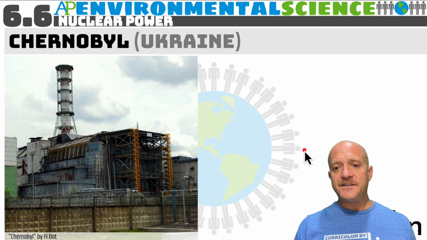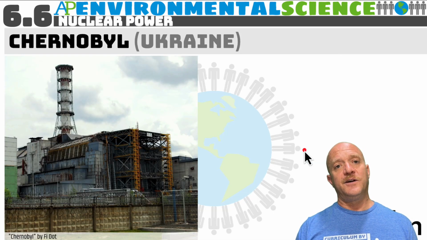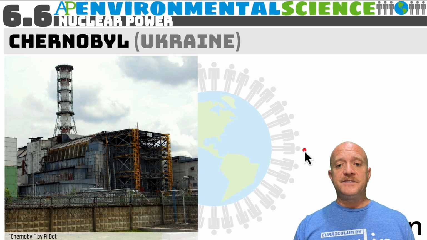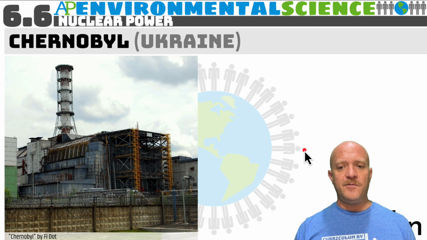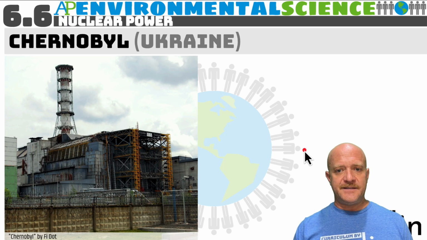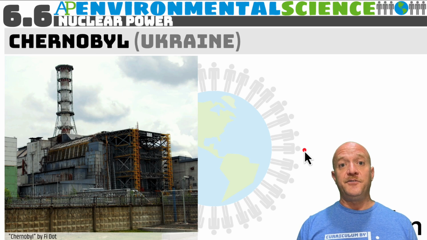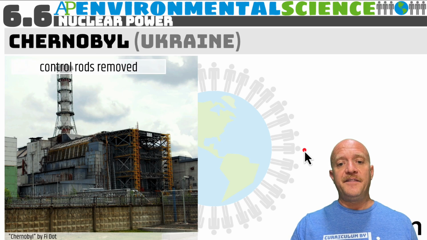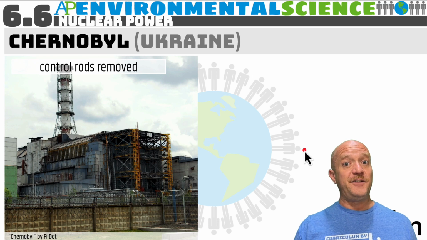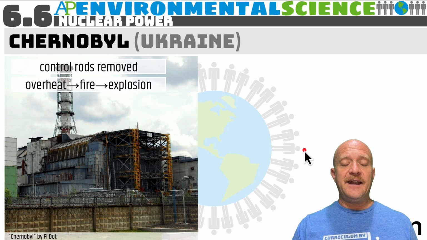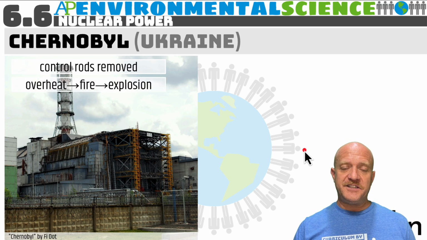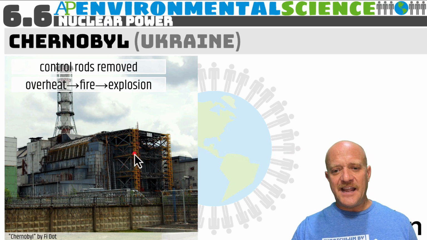Now, the most famous and the biggest disaster was in Chernobyl, and that was in Ukraine. At the time, it was the Soviet Union, but since they've broken up, now it is Ukraine. The control rods were actually removed, and that causes an overheating, which then led to a fire and an overall explosion. This is the containment structure.